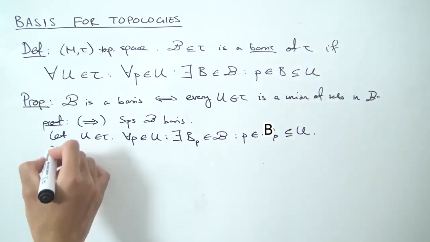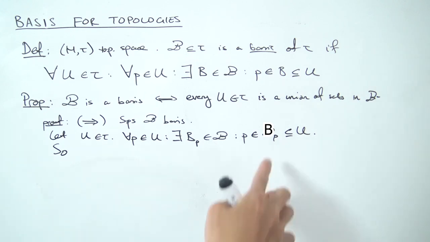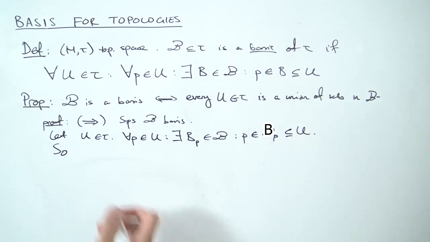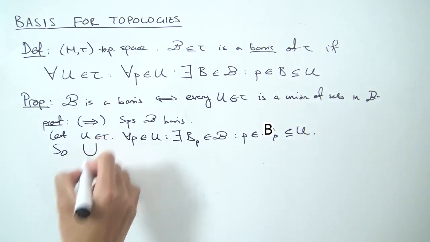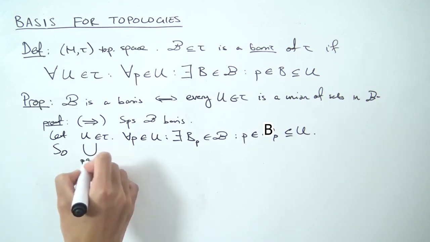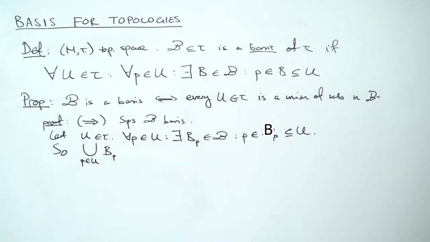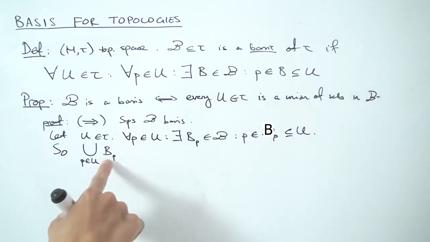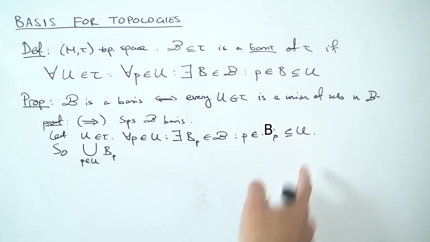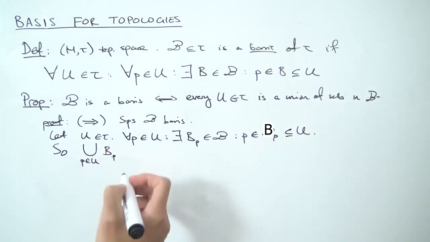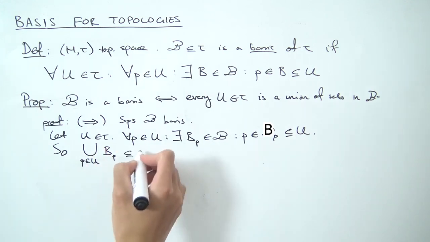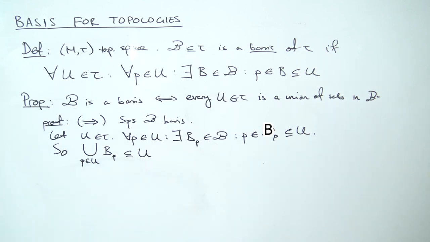So what can we do from here? Well, notice since a B_P is always contained within U, what we can do now is take a big union over all P in our U of all these basis elements B_P. And notice what will that generate? Well, first of all, since all these B_P are contained within U, the union of all those should be, again, contained within U. No surprises there.